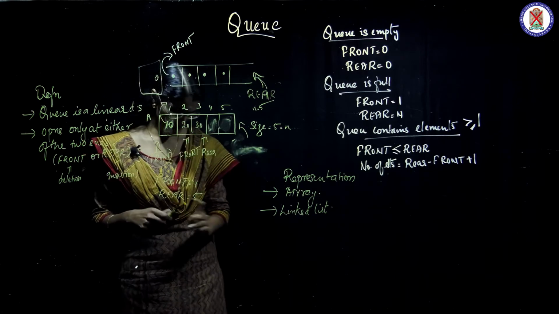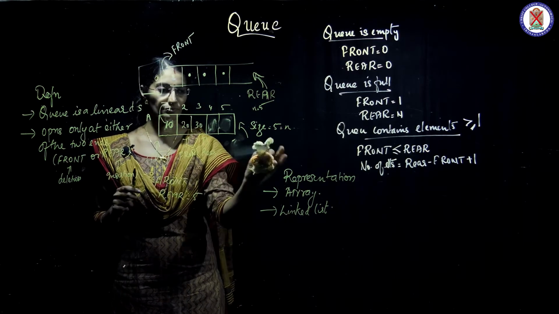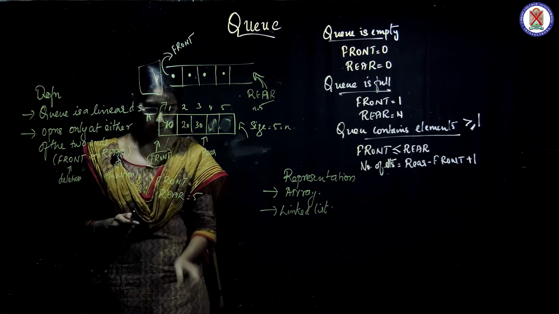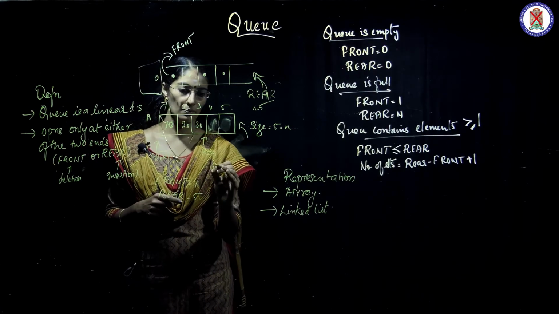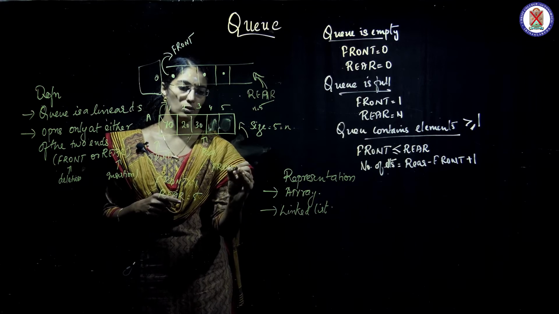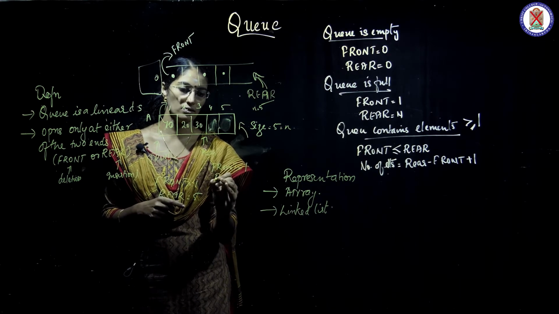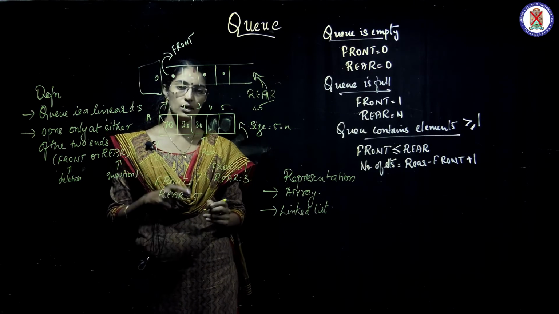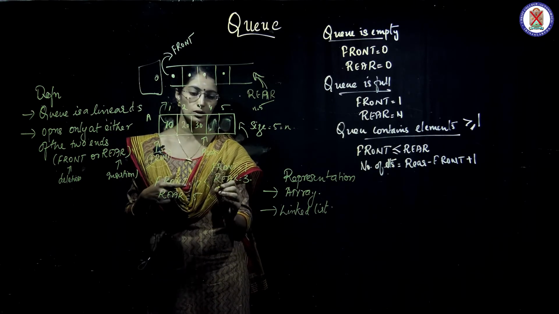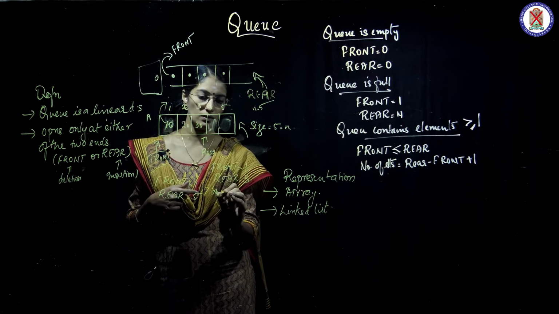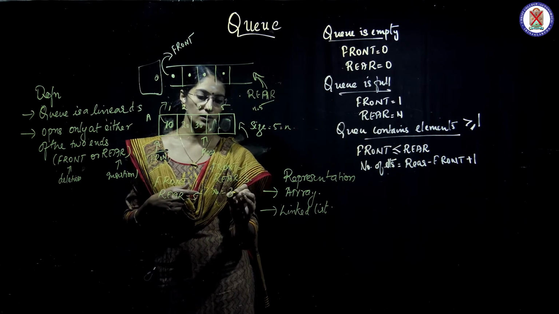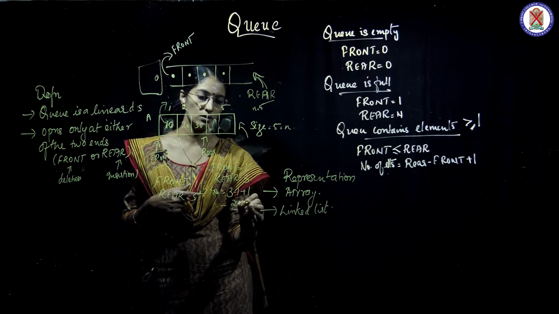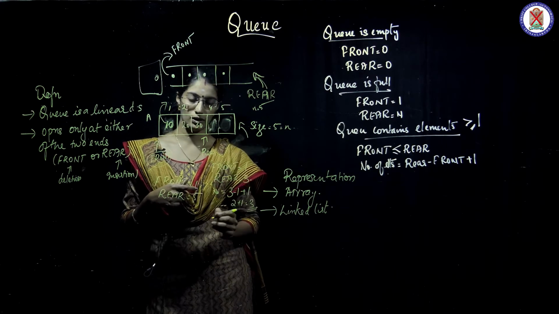So let's see. Now what is the situation here? Here front is equal to 1 and rear is equal to 3, right? So how many elements can be found? The number of elements here will be 3 minus 1 plus 1, that is 2 plus 1, 3, right?